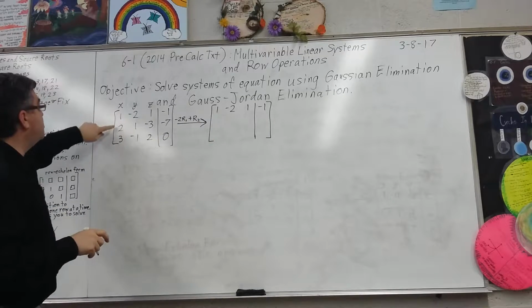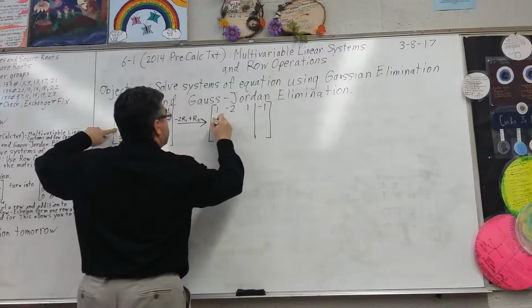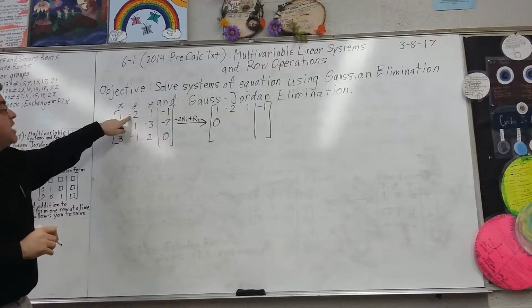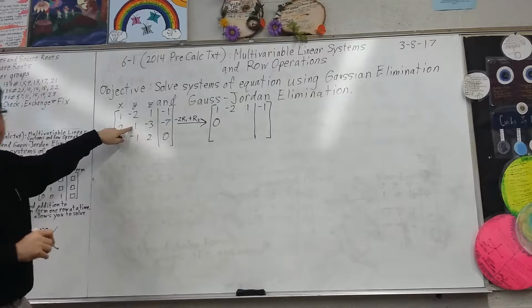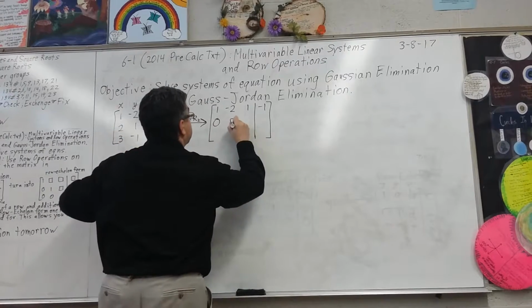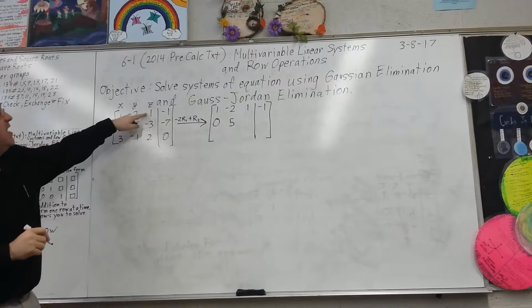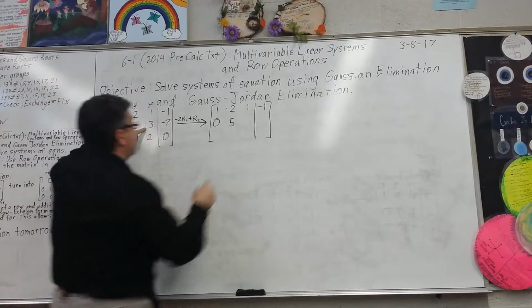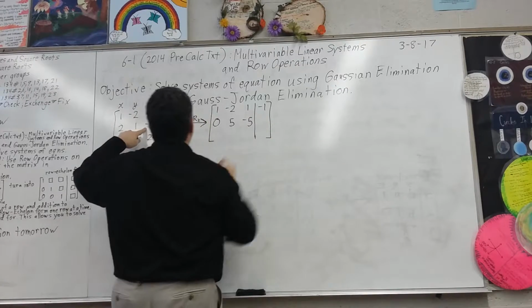So, -2 plus 2 is 0. -2 times 2 is positive 4. 4 plus 1 is 5. -2 times 1 is -2. -2 plus -3 is -5.